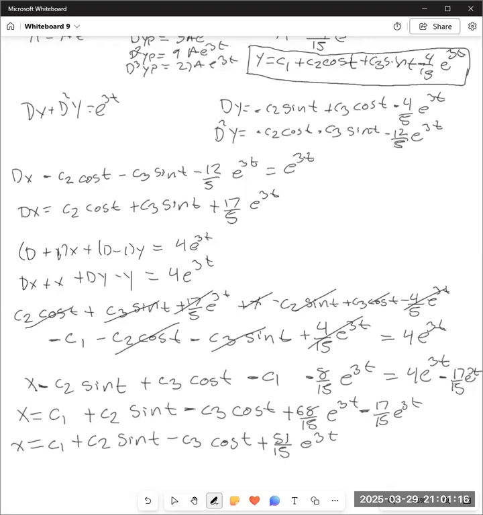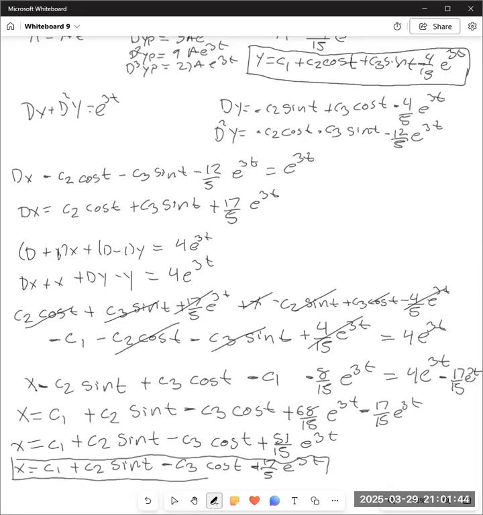Both of those are divisible by 3. So x is equal to c1 plus c2 sine of t minus c3 cosine of t plus 17 over 5 e to the 3t. There we go. And there's my x, and my y is up here.